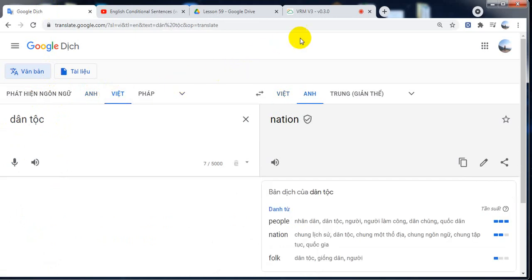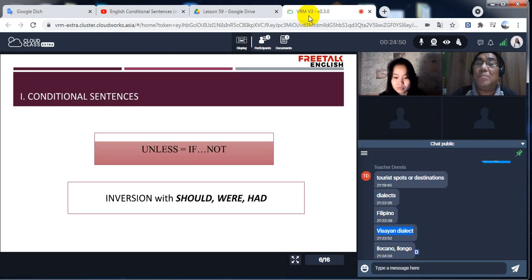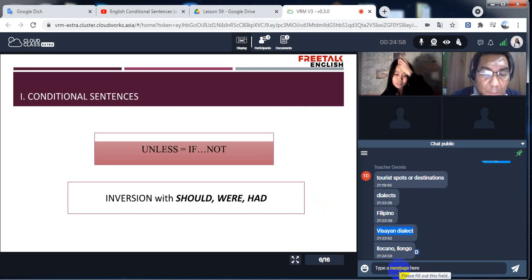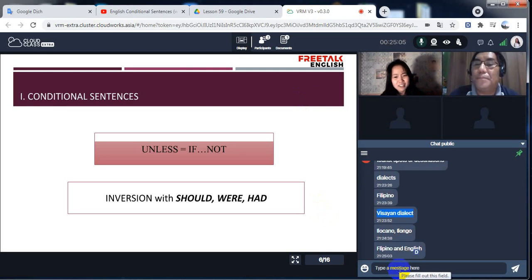So the only language that unites us and helps us understand each other is Filipino and English. Everybody can understand Filipino because it is taught in the schools.